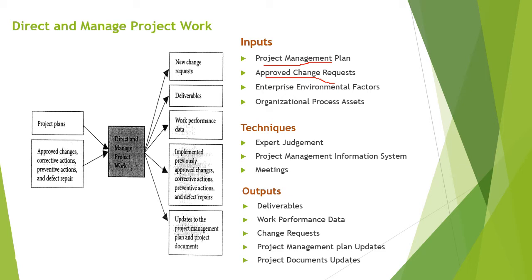So the important enterprise environmental factors for direct and manage project work can be organizational, company, or even your customer's culture. It can be the infrastructure that is provided to you for execution of the project, and importantly, it will be the project management information system. Okay. So the organizational process assets that influence direct and manage project work can be project files from previous projects.